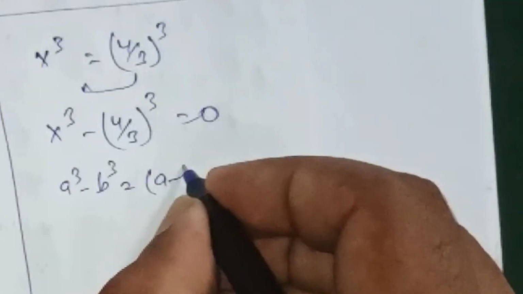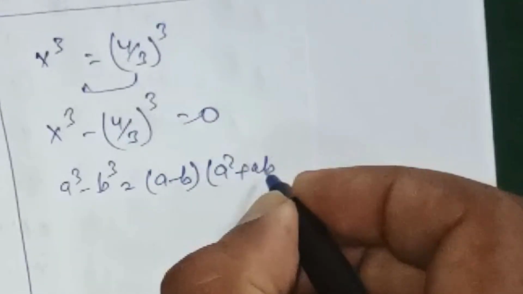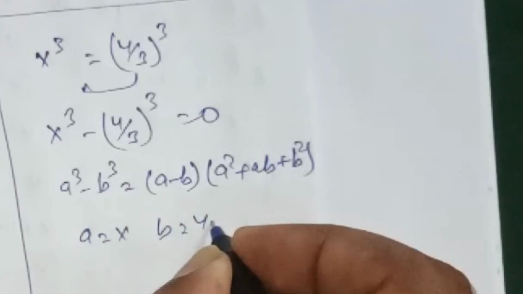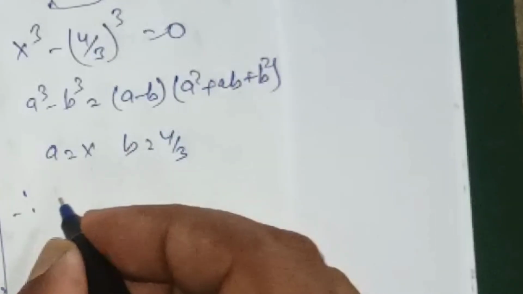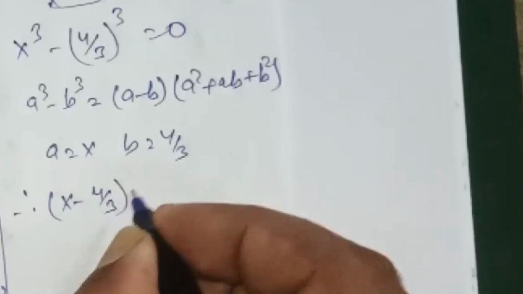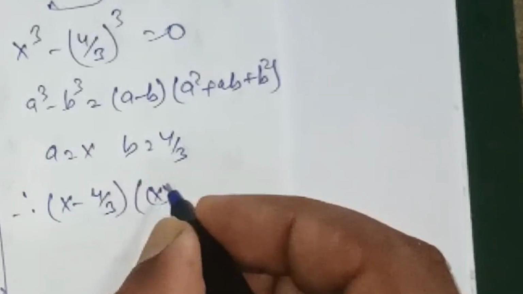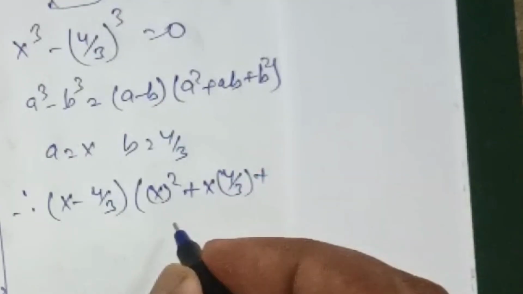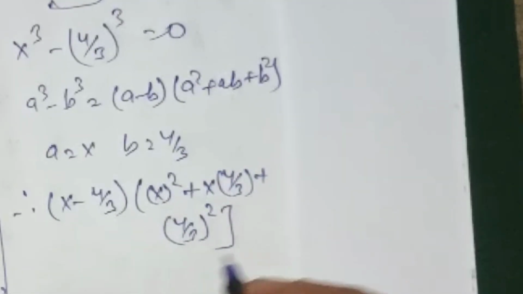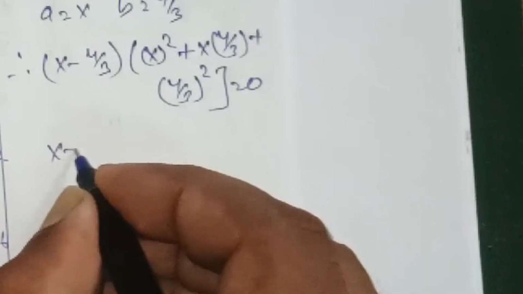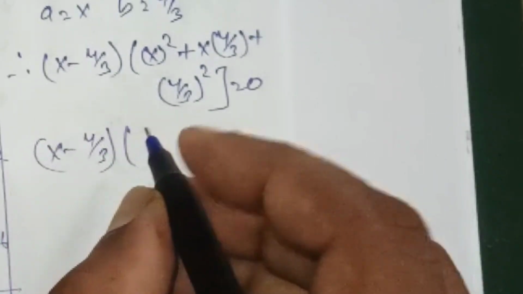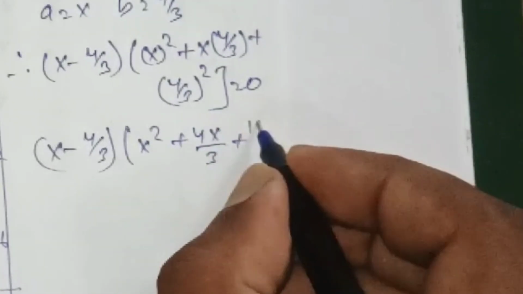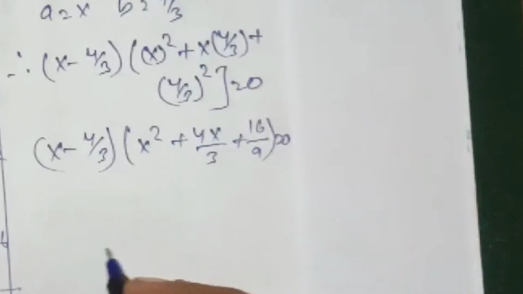We know the formula is (a minus b)(a^2 plus ab plus b^2). Apply this formula here, a is equal to x, b is equal to 4/3. Therefore, (x minus 4/3)(x^2 plus x into 4/3 plus (4/3)^2, which is 16/9) is equal to 0.